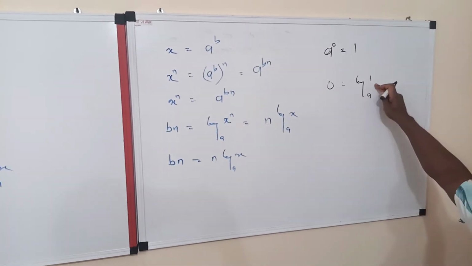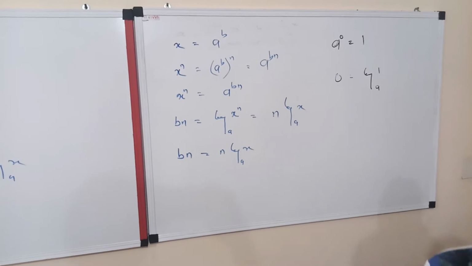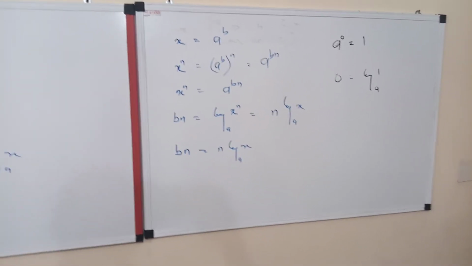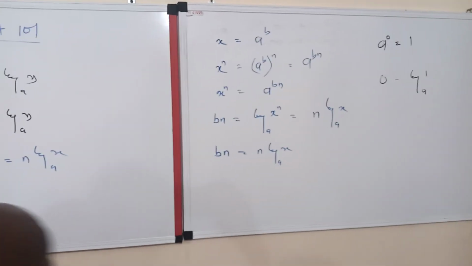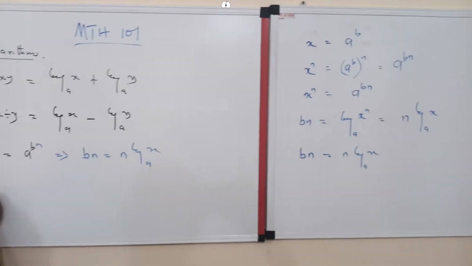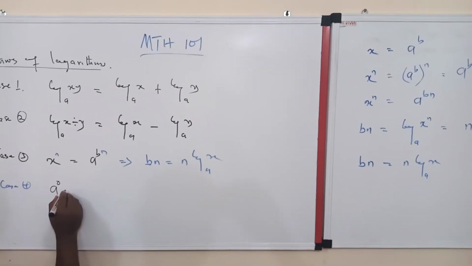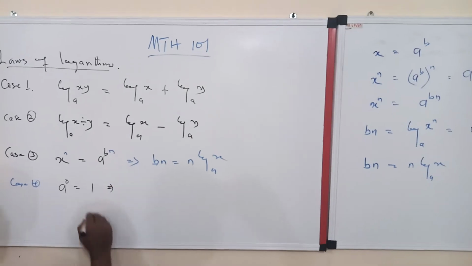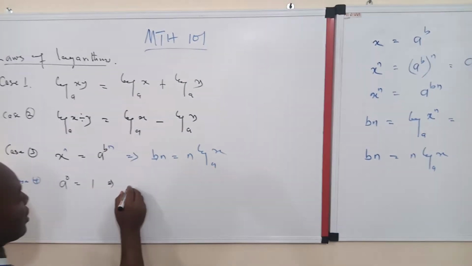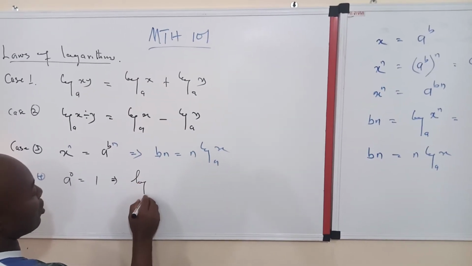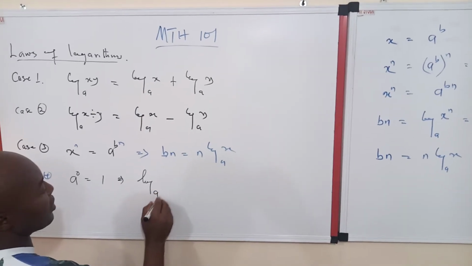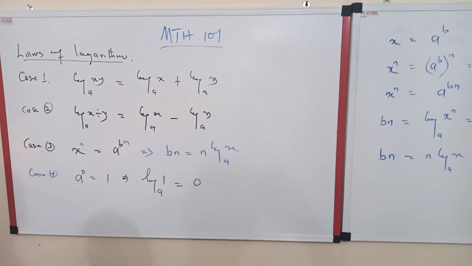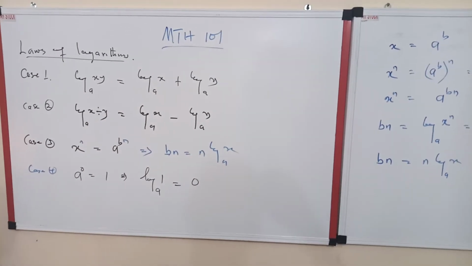So if a raised to power 0 is equal to 1, then in terms of log, the log of 1 in any base is equal to 0, because this thing is the same thing as this.